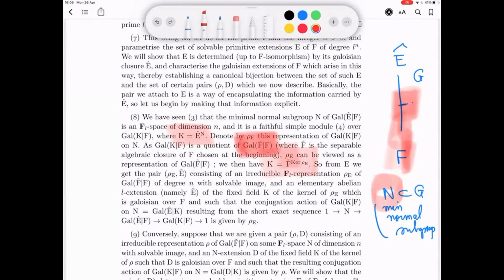Then what is rho E? Rho E is the conjugation action of this Galois group on this Galois group. This Galois group here is an F_L space of dimension n. Because this whole thing is Galois over F, I have an action of this over this.